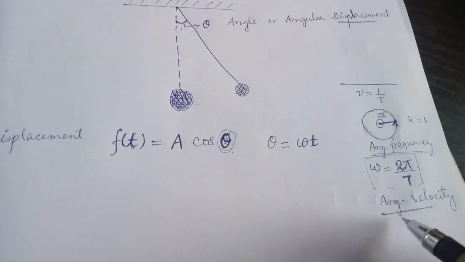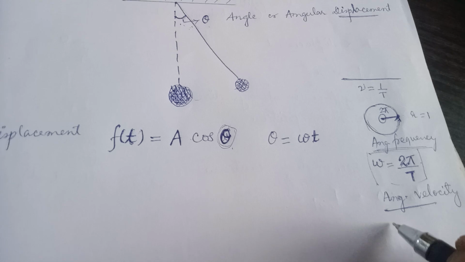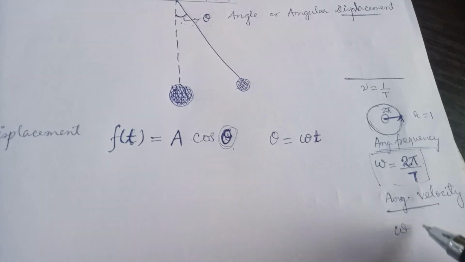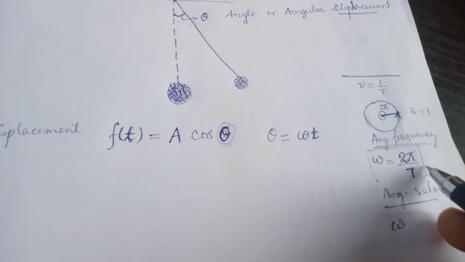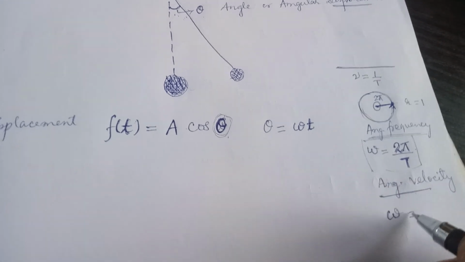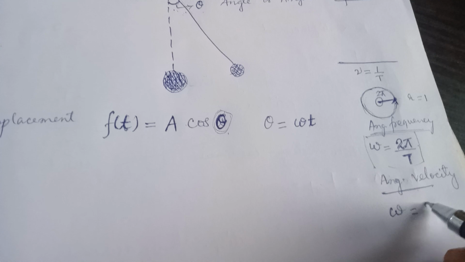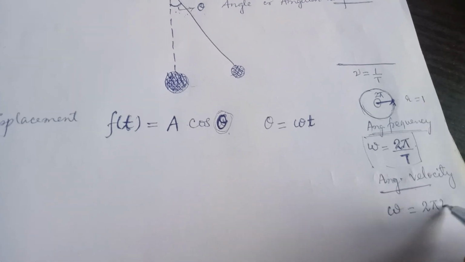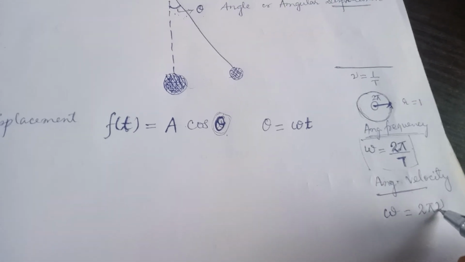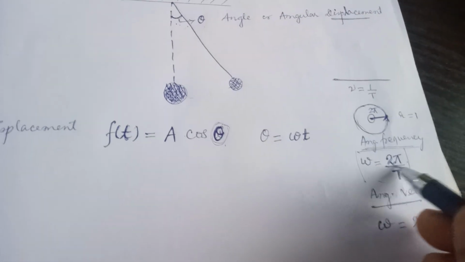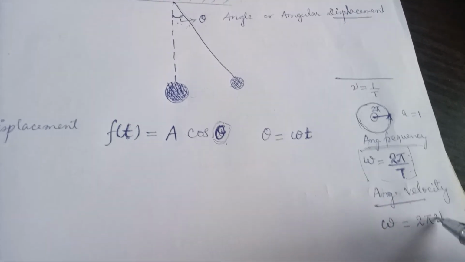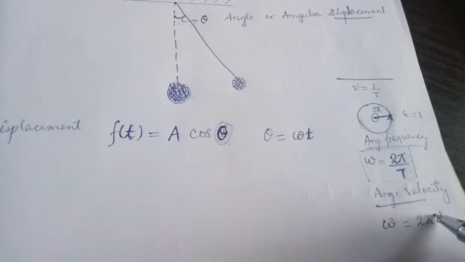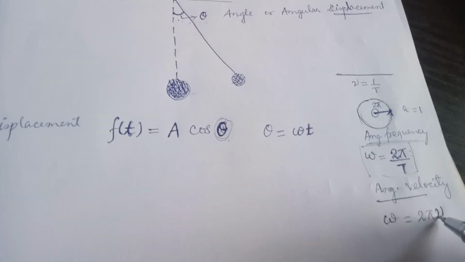So when we say angular frequency or angular velocity, we can write omega is equal to twice pi by T, or sometimes omega is equal to twice pi nu. Okay, so why twice pi nu? This is 1 by capital T, isn't it? 1 by time period. So 1 by time period is what? It's a linear frequency.